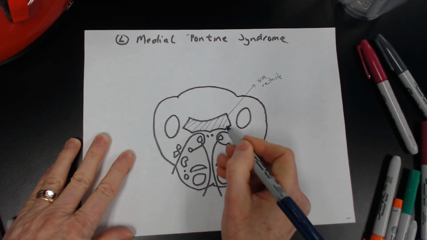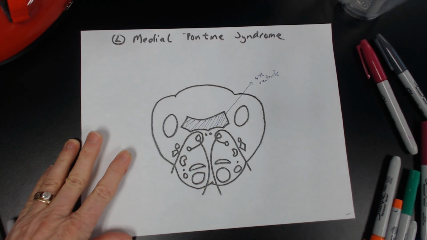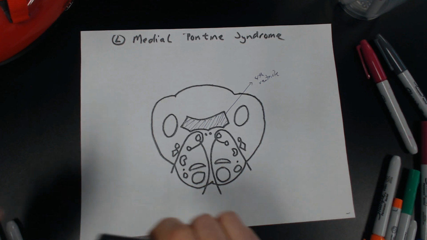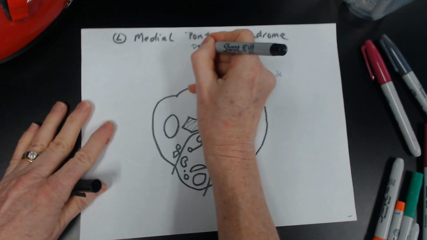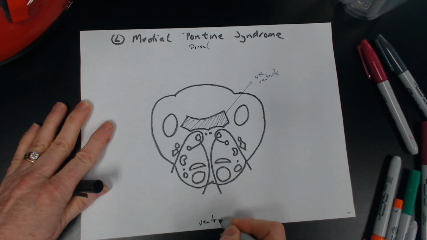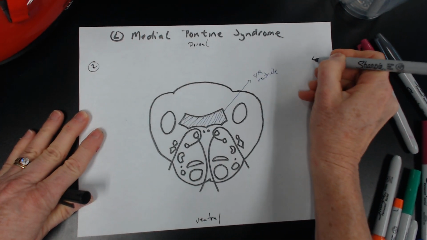Okay, so if you see this big old thing here in the middle of the picture, that's the fourth ventricle, so you know you're in the pons. Let's label, this is going to be dorsal. This is going to be ventral. It's going to be the right side, and this is going to be the left side.